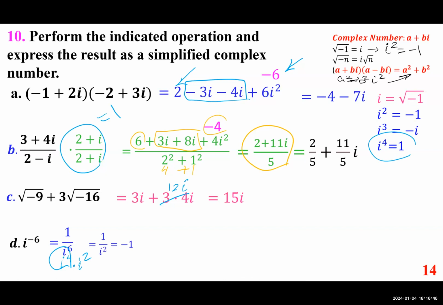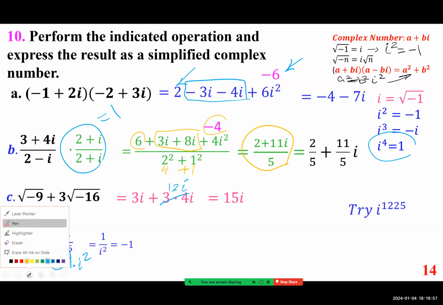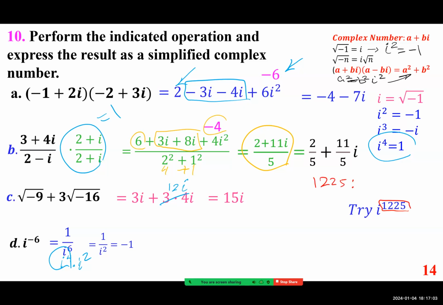So what is the process? I'm going to show you with this example. If I want to simplify this, what do I do? Here's my method. The fastest and easiest way is to divide this number by 4. It doesn't matter what the answer is; I'm interested in the remainder.